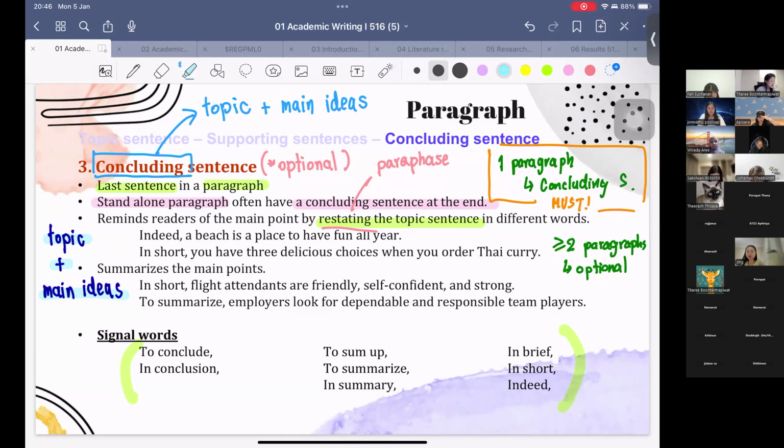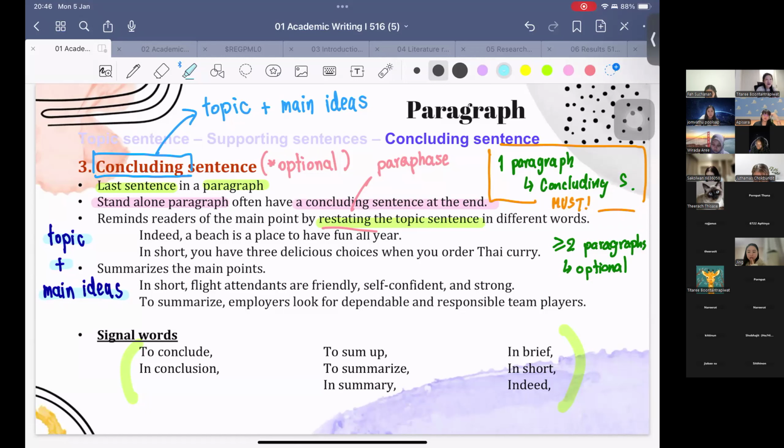The easiest way to start your summary or conclusion is with signal words, like to conclude, in conclusion, to summarize, in summary, to sum up, in brief, in short. Yes, it has to come in this pattern.